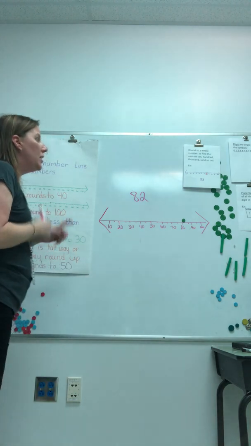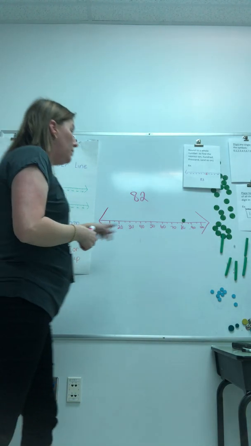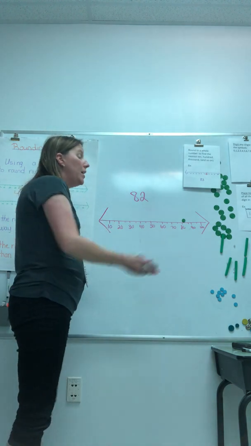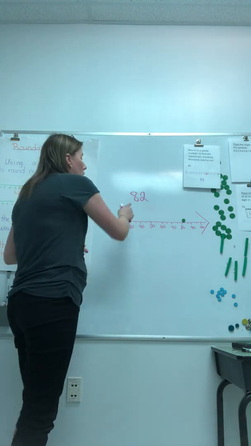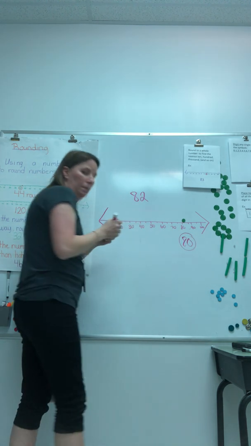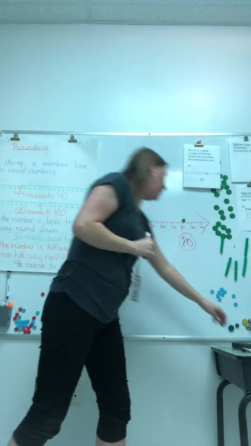I already know it's the same pattern: this means it is less than halfway. And if it is less than halfway, then you round down to the 10. So 82 rounded to the nearest 10 is 80. So 82 rounds down to 80.